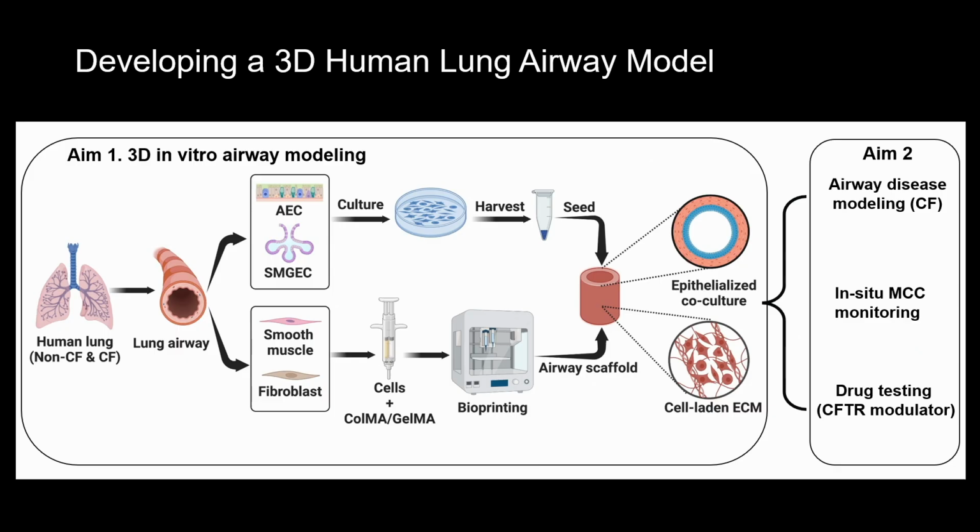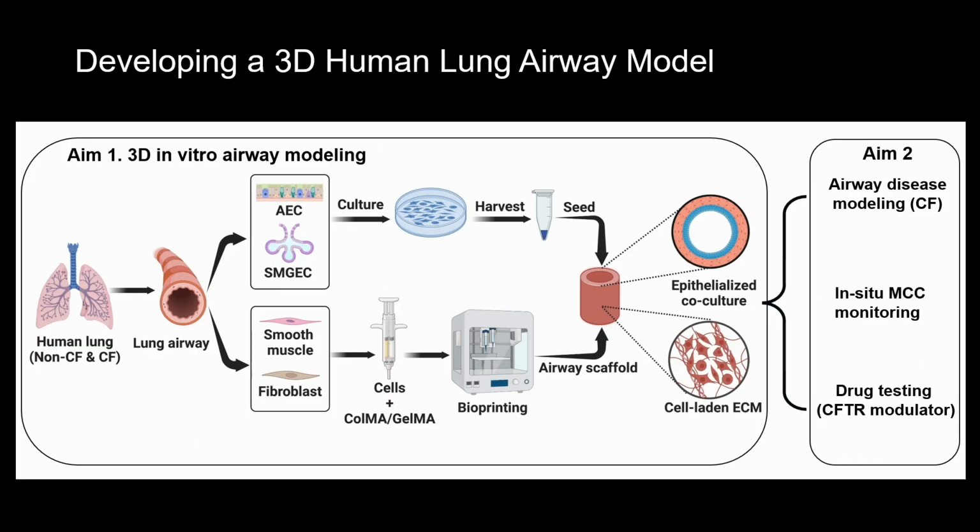Here's how we built our 3D human lung airway model. First, we used 3D bioprinting to create a tiny tubular scaffold like a mini airway, by printing human lung cells, including fibroblasts, mixed with hydrogel as an ECM.